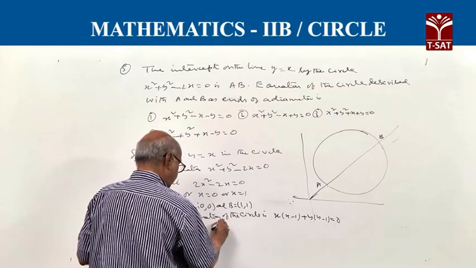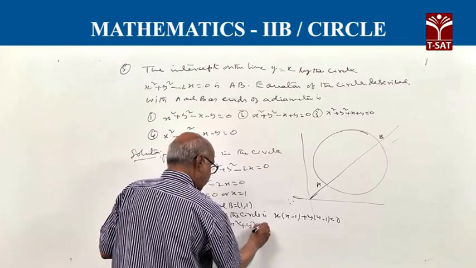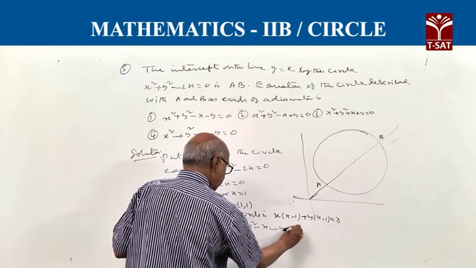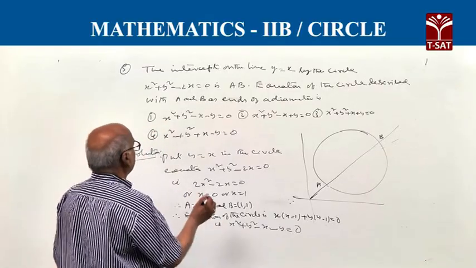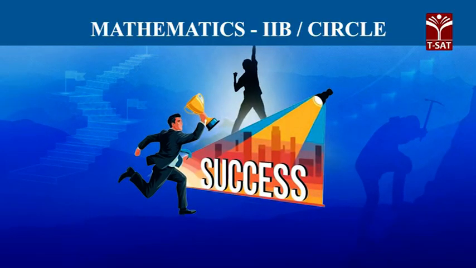Or that is x square plus y square minus x minus y is equal to 0, which is nothing but option number 1. Correct option is number 1. Problem number 6.